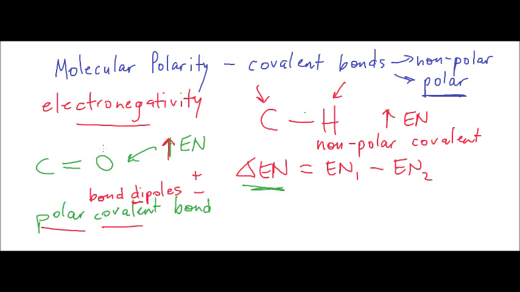So what we can say about a polar covalent bond is that it has these bond dipoles, and because it is slightly negative, we're going to use this symbol here. This symbol means that there is a partial negative charge. Why?